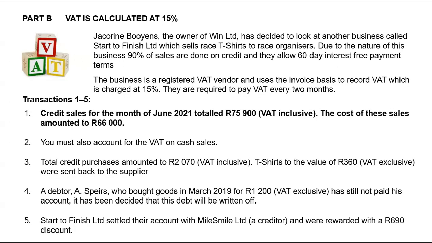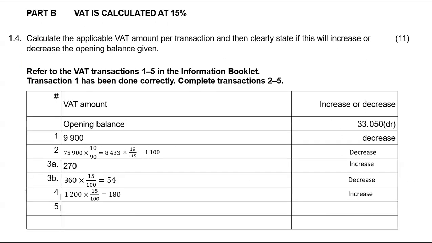Okay. The last one, it says that Start to Finish, which is us, settle their account. So settling our account, we don't need to calculate VAT on the amount that we're settling. However, they say we were rewarded with 690, which is a discount. So a discount will be VAT inclusive. So that 690, which gives us a discount received, will result in an increase in your VAT output, which decreases your VAT input. Okay, discounts and expenses, purchases.